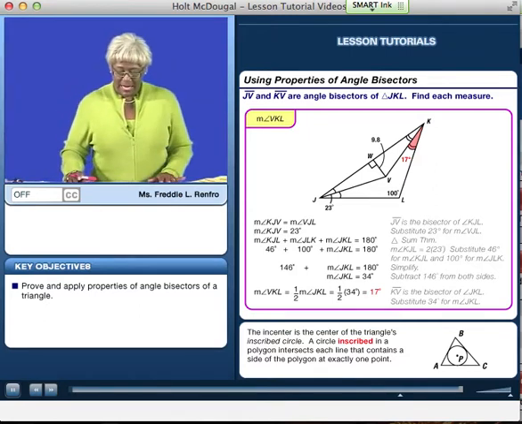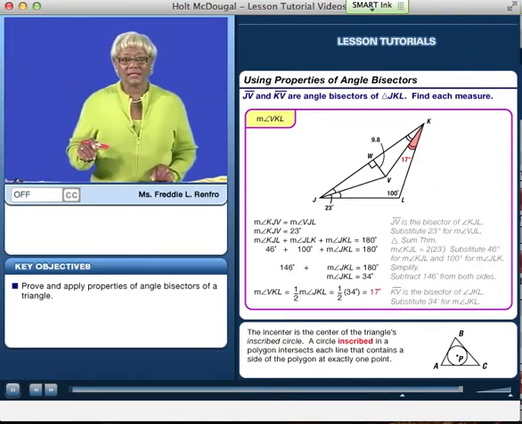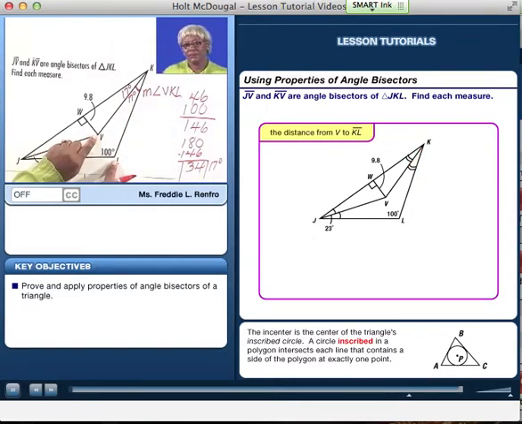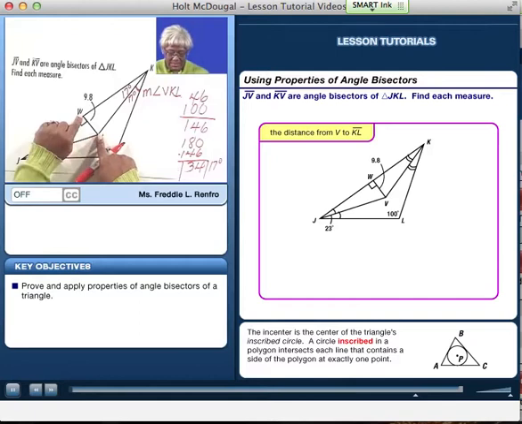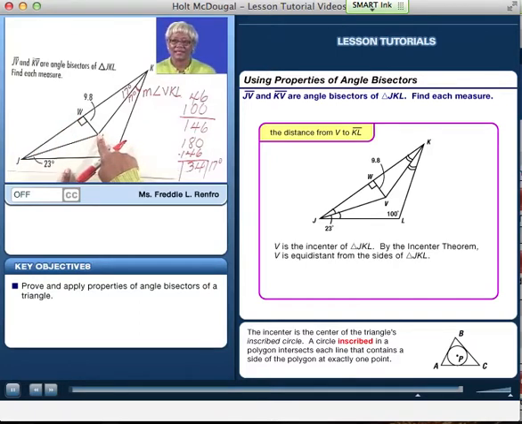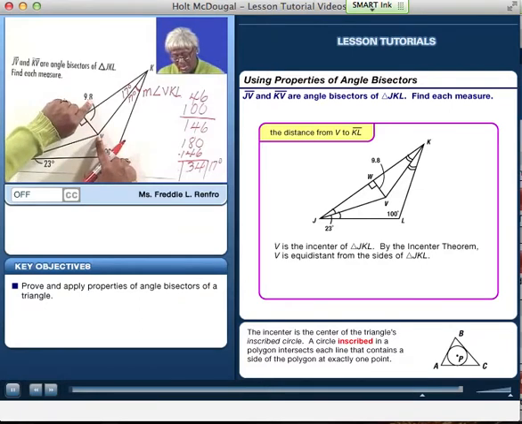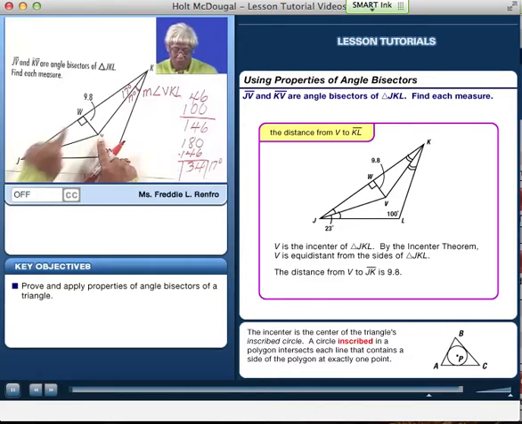We're also being asked to find the distance from point V to line segment KL. Remember that this point, which is the incenter, is equidistant from all three sides. Well, I see that V is 9.8 from this side.